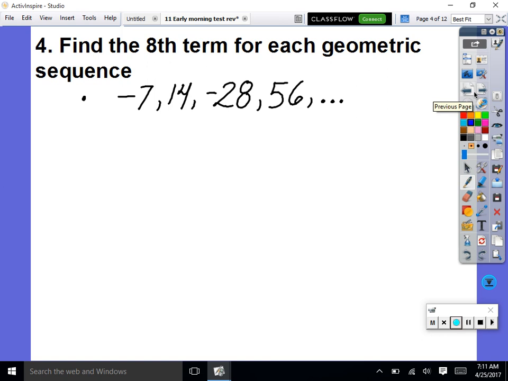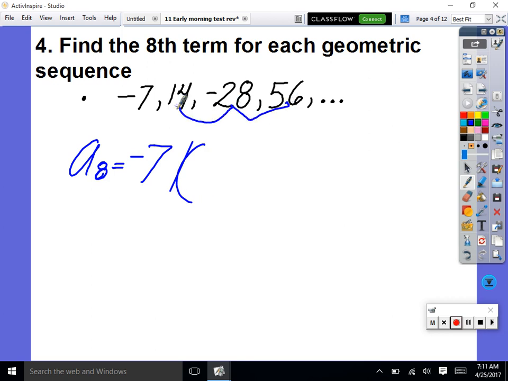Okay, find the 8th term for each geometric sequence. Once again, it's making it so easy because it tells you it's geometric. Find the 8th term, so you would do a sub 8 is equal to a sub 1, which is negative 7, times, what's our common ratio? This divided by this, isn't it negative 2, raised to the 8 minus 1.